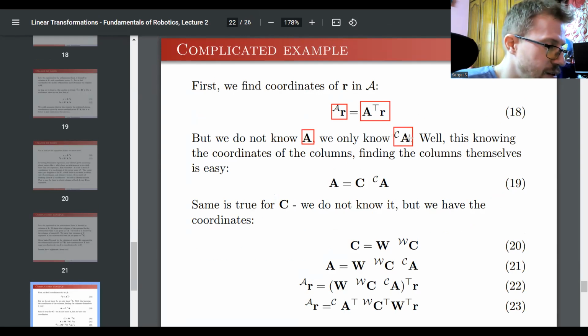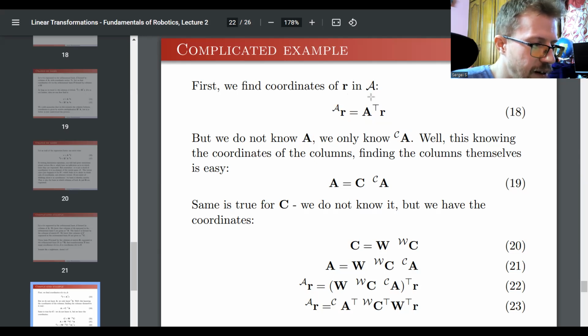A sub C is columns of A expressed in terms of C. So these are coordinates, those are vectors. And we know how to get from coordinates to vectors.